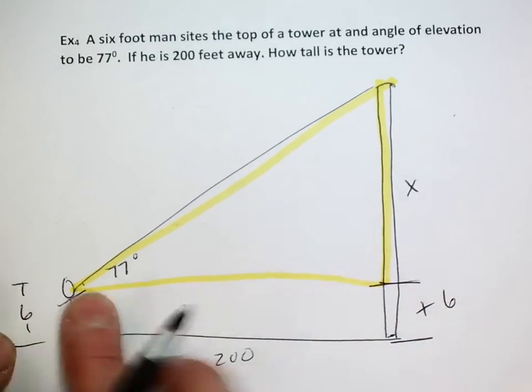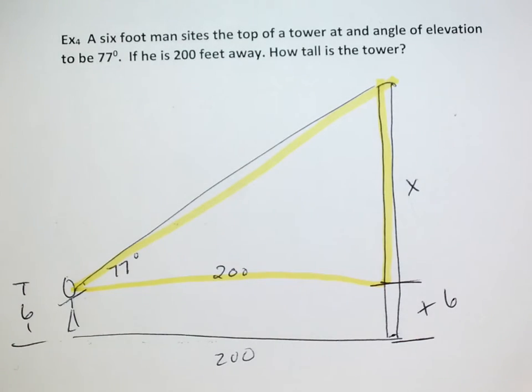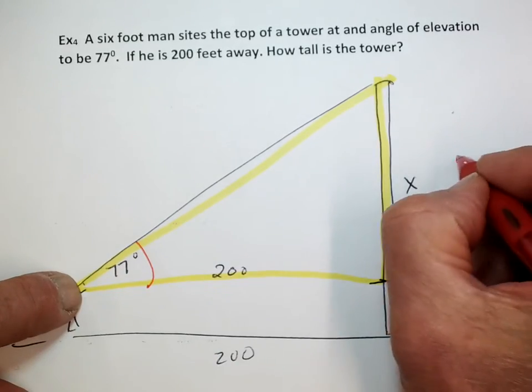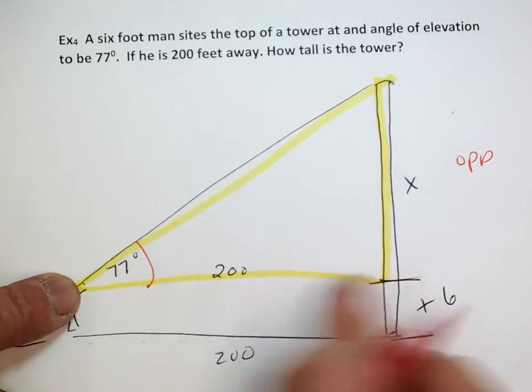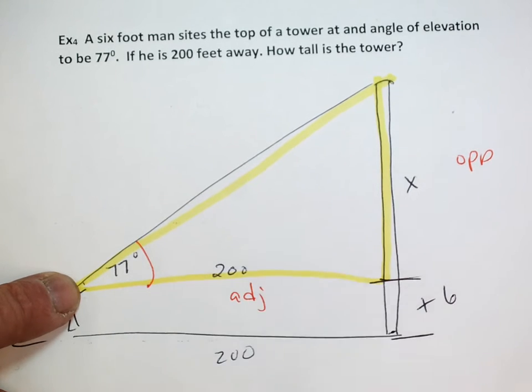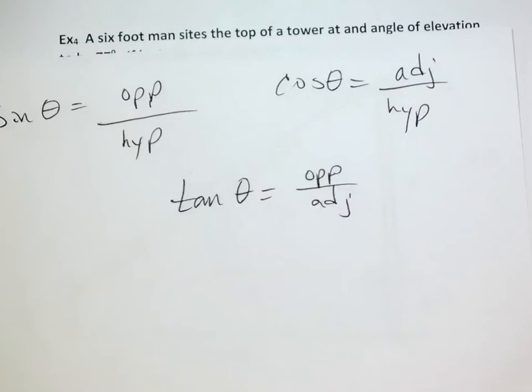So this 200 is also 200 here. Let's see what we have. From the angle, this is my opposite side, and the 200 is my adjacent side. Opposite, adjacent. Which one is it? It's got to be tangent again.